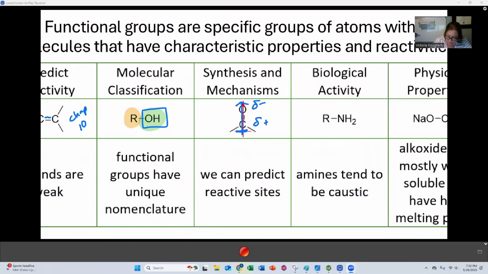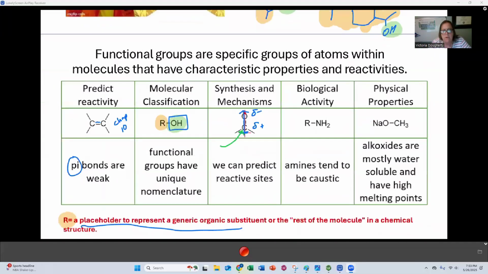And so for this semester, the chemical reactivity is going to be right here. So the carbon attached to an oxygen atom or a nitrogen atom or a sulfur atom or halogen, so chlorine, fluorine, bromine, or iodine, and whatnot. Okay. Not so much this semester, but next semester for sure, we're going to talk about biological activity.